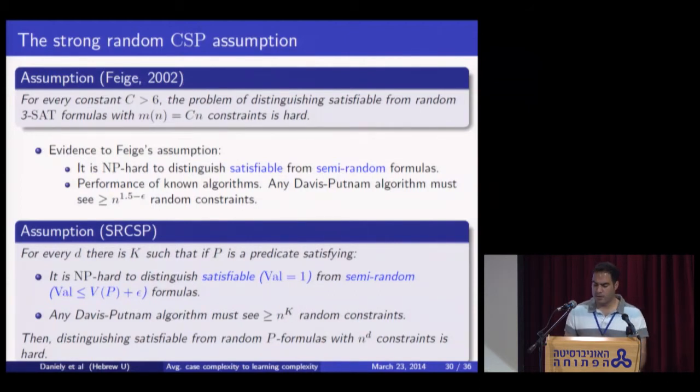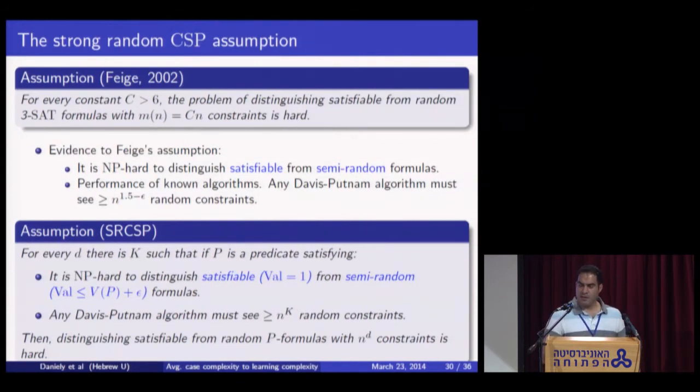Okay, so let's read it from bottom to top. We look at the problem of distinguishing satisfiable from random P formulas with n^d constraints. And when will we say that this problem is hard? First, when it is hard to distinguish satisfiable from semi-random formulas.